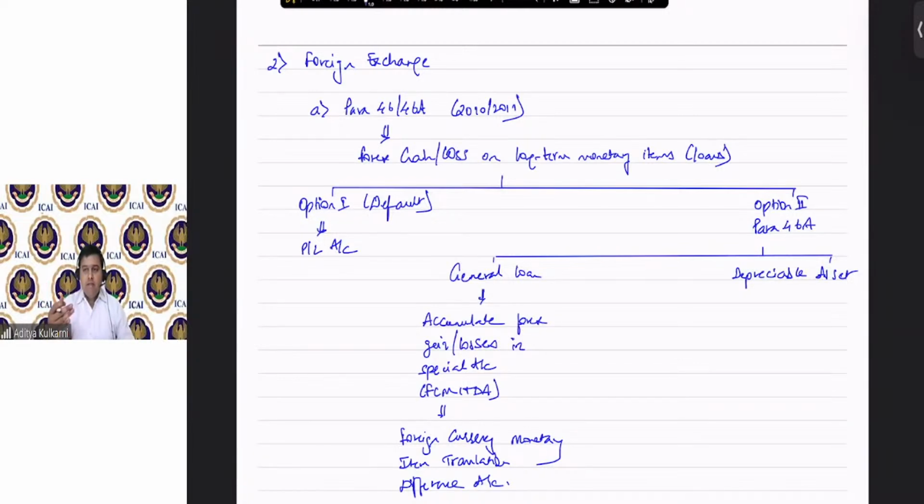The difference is I would accumulate these differences, and all these differences would go and sit in FCMITDA. And I would amortize this over the loan tenure.